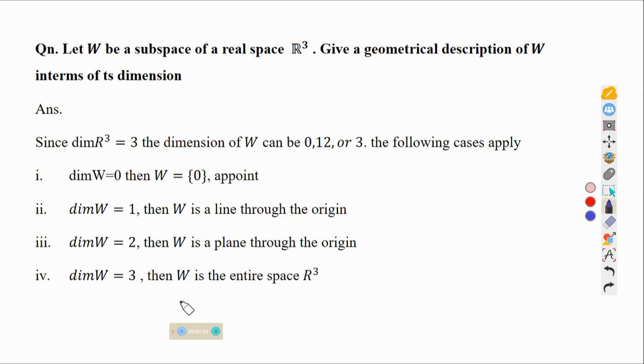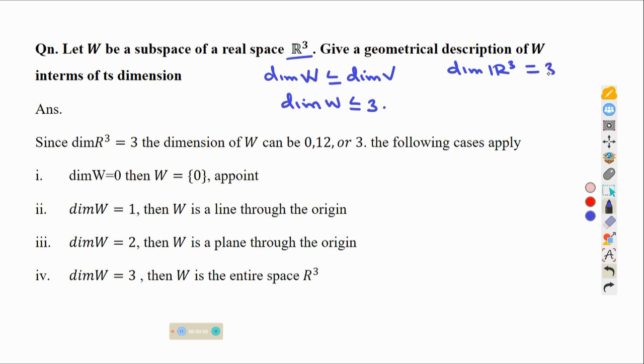So if the dimension is 3, then, as we said, the dimension of the subspace will always be less than or equal to the dimension of the vector space. So the dimension of W can be less than or equal to what? To 3, because the dimension of R3 over R is 3.